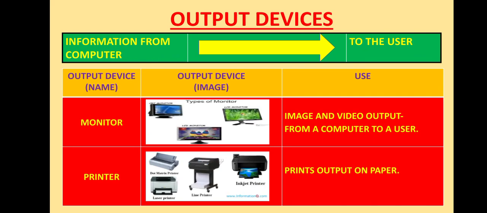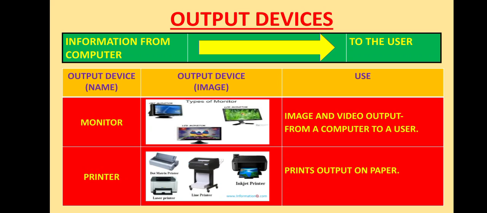Output devices. Output devices are used to give information from the computer to the user. After the information is processed inside the computer, that information is given to the user by using output devices.